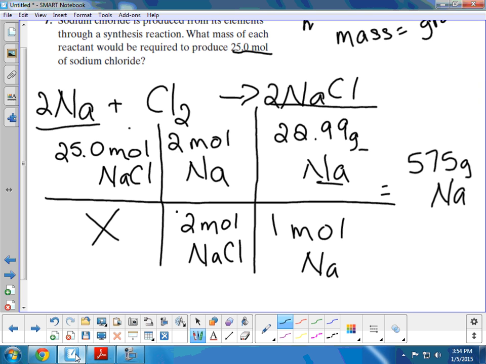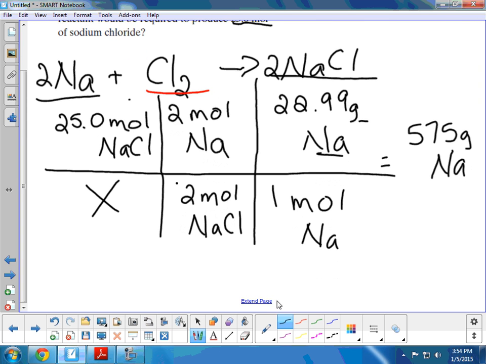All right, so now we have to do another one. It said each reactant. So now we get to do this all over again for chlorine. So we're still going to start with the number that they've given us in the problem, and that's 25 moles of sodium chloride.